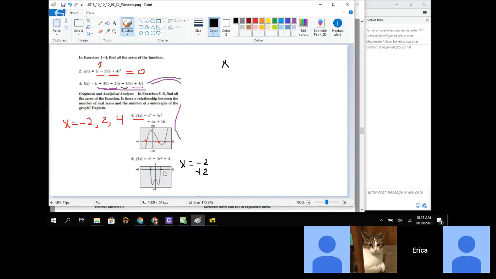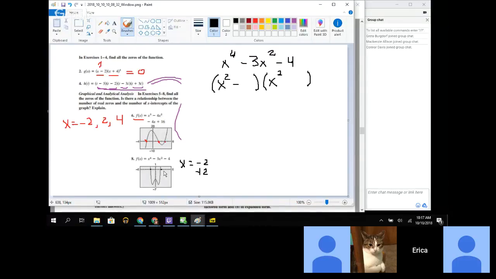So this is number 8. I have x to the 4th minus 3x squared minus 4. Okay. I can break this up as x squared times x squared, right?